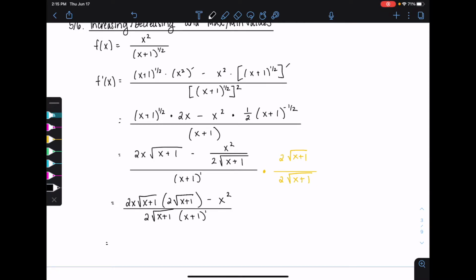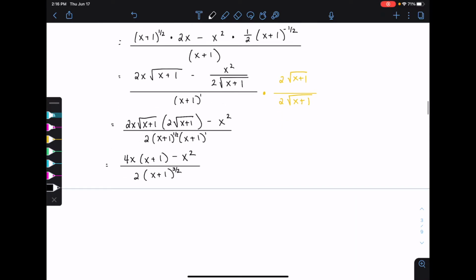Okay. So multiplying this out, we're going to get 4x. You get the square root of x plus 1 times the square root of x plus 1. That just becomes x plus 1 minus x squared. And in the bottom, you can condense those because it's the same thing. You add the exponents. The square root you can think of as x plus 1 to the 1/2. So we're going to get 3/2 in the bottom.